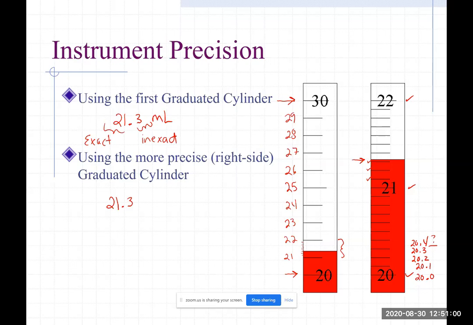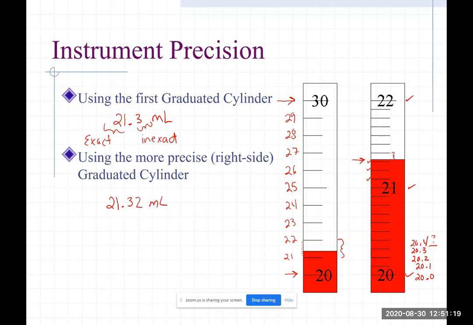So if we had nine little lines between these two lines right here, then where would we be at? And it looks like maybe we'd be at about 21.32 mLs.